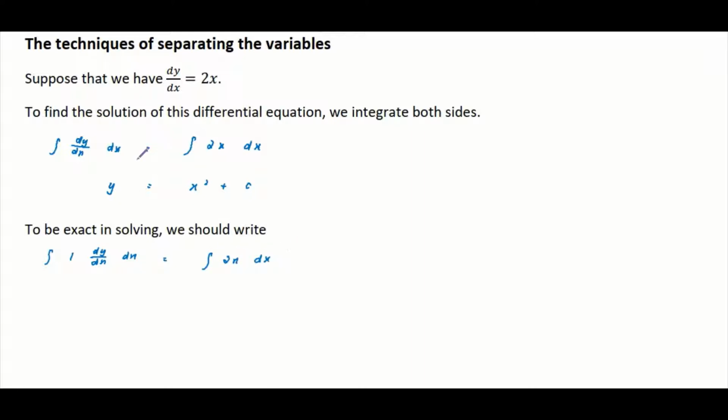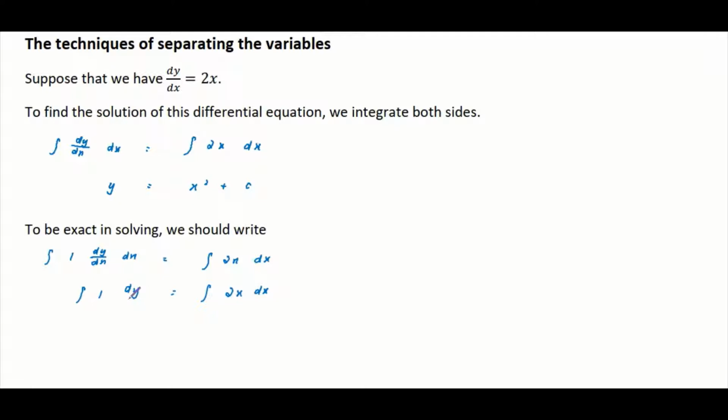You see why we are doing so. Now you can see that you have dx and dx, so using the principle you learned in fractions, you can cancel them off each other. So what are you left with? You are left with the integral of 1 with respect to y equal to the integral of 2x dx.